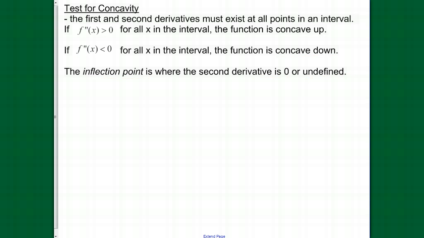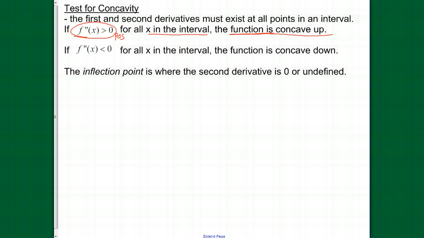Okay, so the test for concavity. First thing, you have to have a couple things in place. The first and second derivatives must exist at all points. So you just have to be able to find that derivative. Now, this is the idea here. If the second derivative is greater than 0, meaning it's positive, on an interval, the function is concave up. That's the key thing.